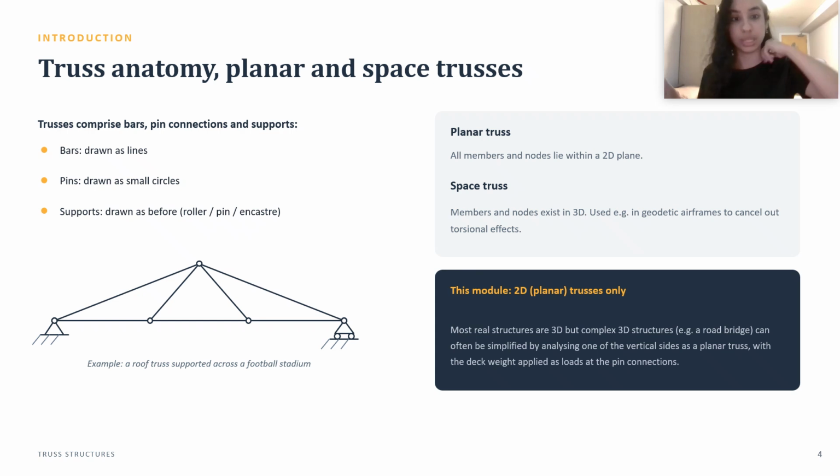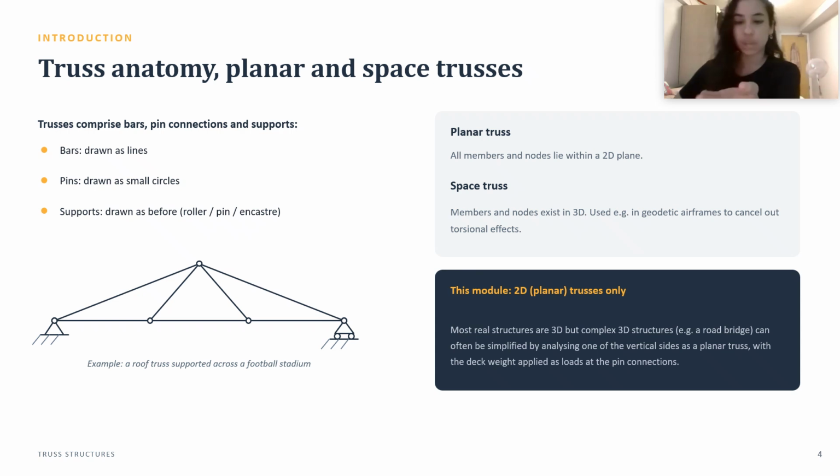A planar truss is a 2D plane truss, and the load is applied at the pin connections. Think about the shape of a bridge, but also things to do with airframes. So in an airplane, there are trusses. There are trusses everywhere. Whenever you build anything, there are trusses. So many things. I can't think of many examples off the top of my head, but yeah.